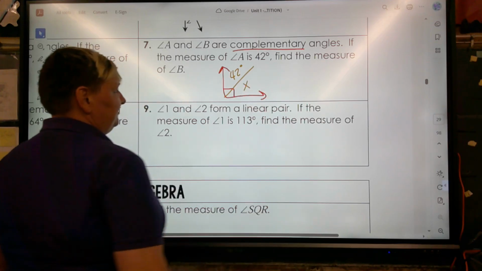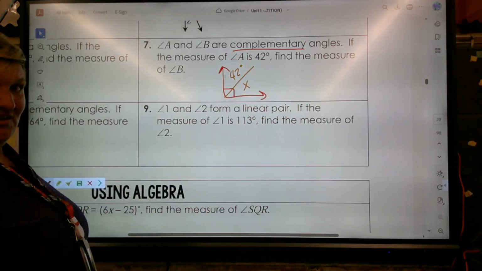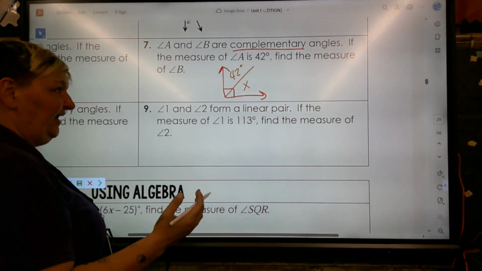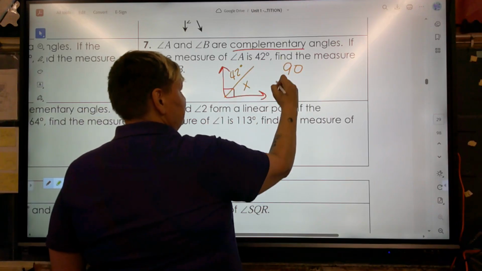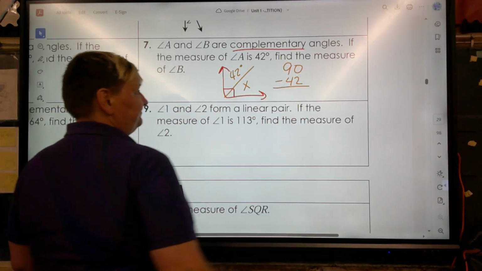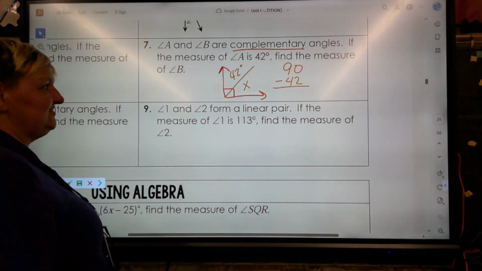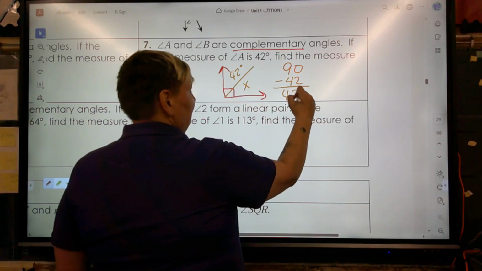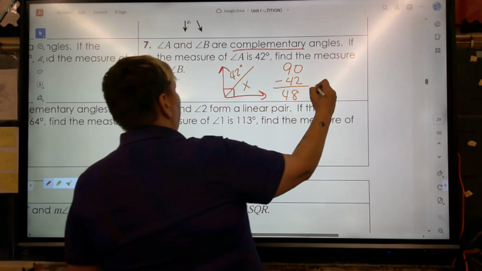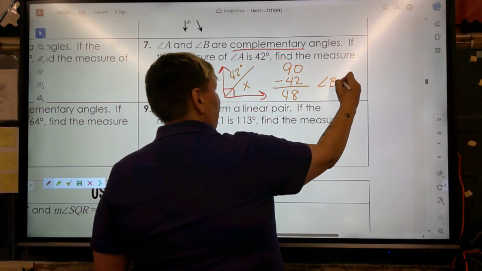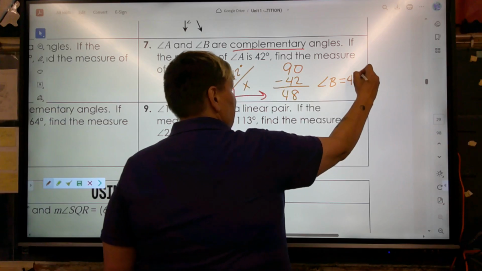This is our question. It's missing an angle. We know the total has to be 90, so we're going to subtract. What is that, 48? Right? So we know that angle B is 48 degrees.